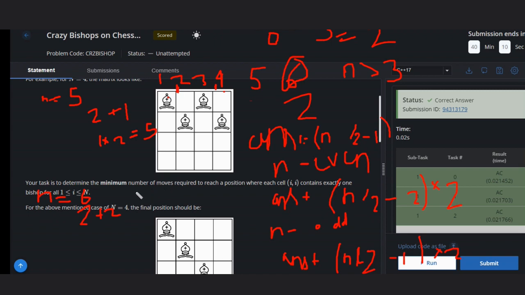What are the even ones? 2, 4, 6. These will be removed, and this will be remaining. So 3 minus 2, and then multiply by 2. So 1 into 2 is 2. So the answer will be 6.